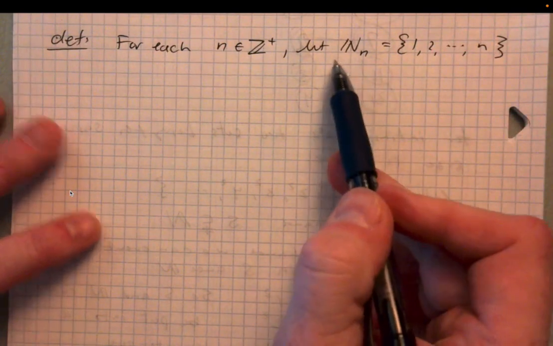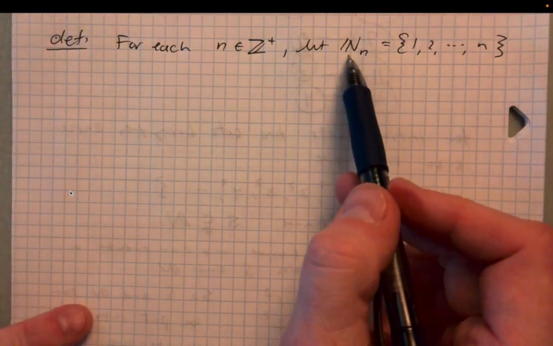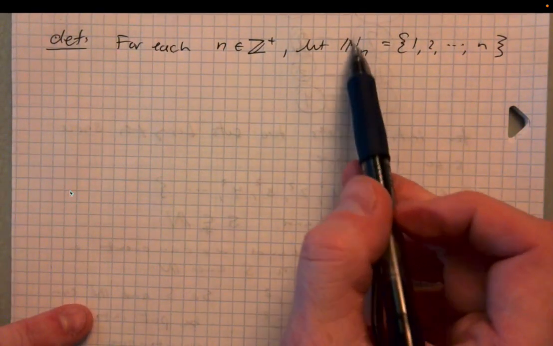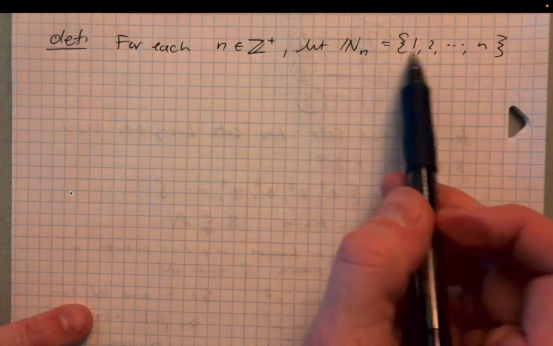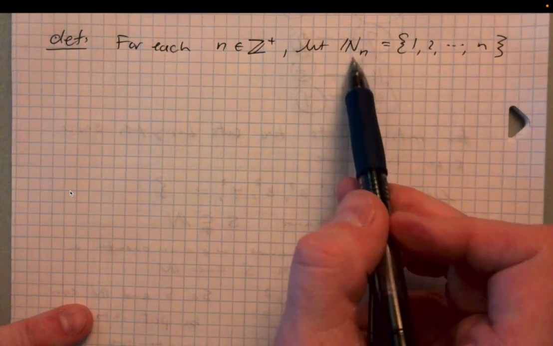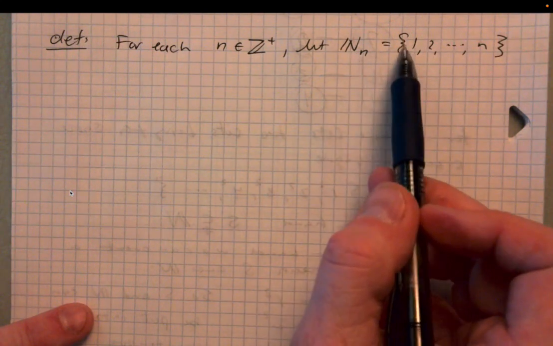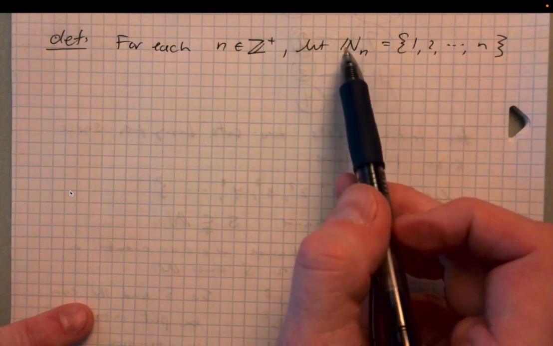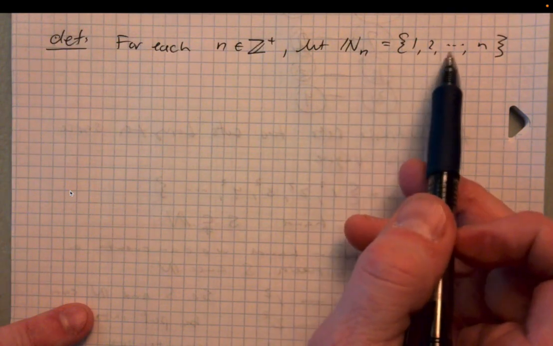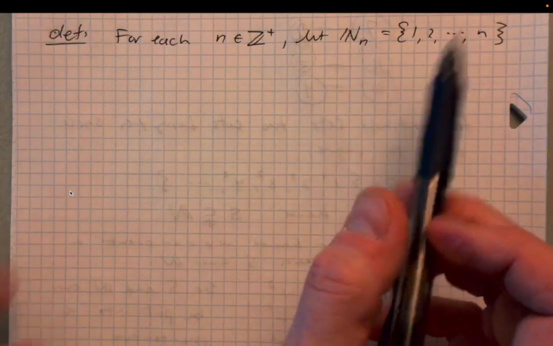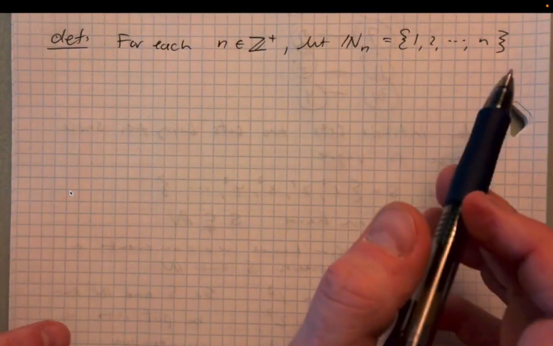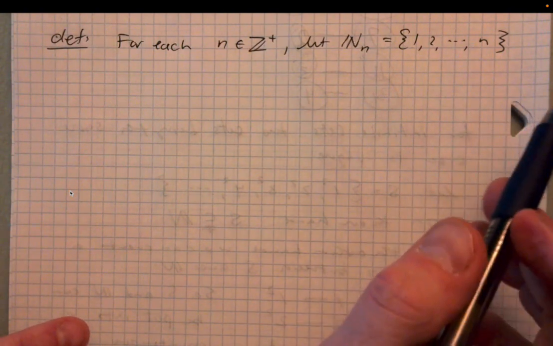This is a set we're going to use repeatedly throughout the course. N sub n is a subset of the natural numbers from 1 up to whatever the subscript n happens to be. So if n is 5, this would be the set 1, 2, 3, 4, 5. If n is 10, it'd be 1 through 10. If n is a million, it'd be 1, 2, 3, up to 999,999, 1 million.